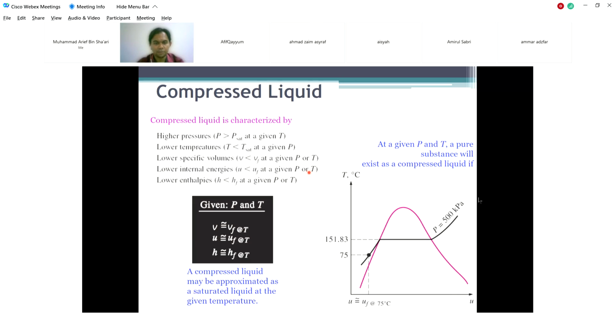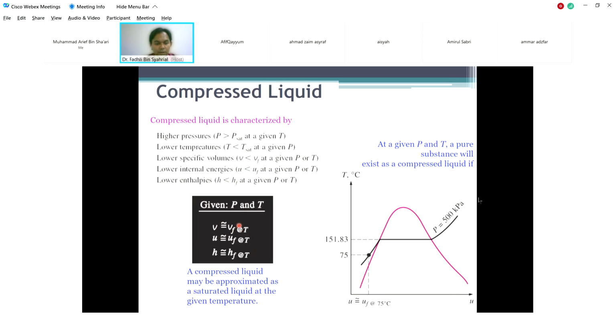Understand? Even though it is mentioned here that all of the properties of compressed liquid, either V, U, and H, have a lower value than VF, UF, and HF, now it is said that they can be approximated as F at the given temperature.